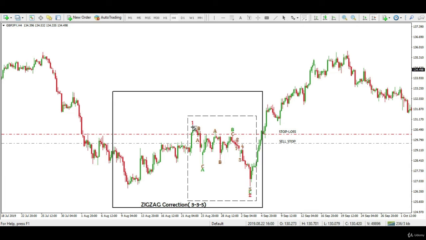And using my Fibonacci tools, I can decide my take profit area to close my sell position.